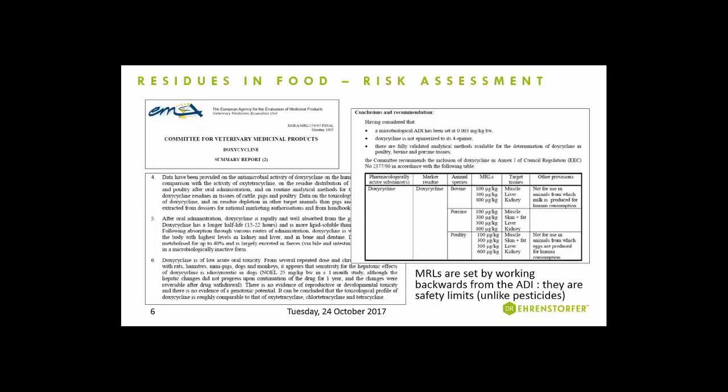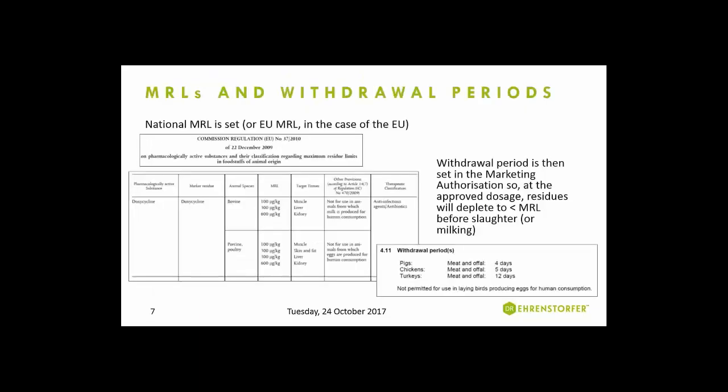The assessors then use a worst-case portion size estimate to calculate a maximum residue limit in food. So maximum residue limits, or MRLs, are safety limits, calculated backwards from the ADI. This is an important difference to pesticides, where the MRLs are the maximum that should be left if the product is used properly.